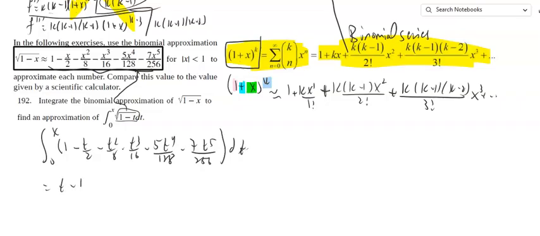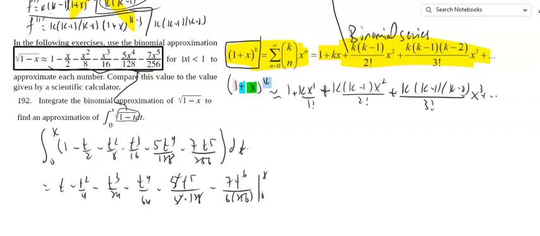That would be t minus t squared over 4 minus t cubed over 24 minus t to the 4th over 64 minus 5t to the 5th over 5 times 128, the 5's cancel out, minus 7t to the 6th over 6 times 256. I'll figure out what that is in a minute, evaluated from 0 to x.